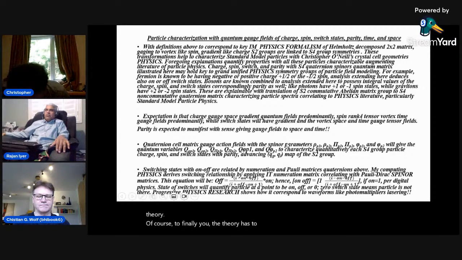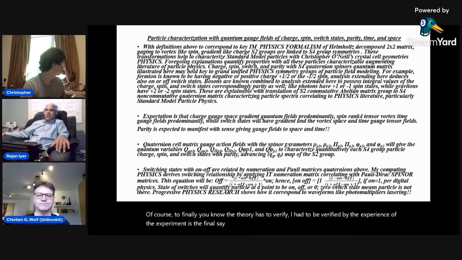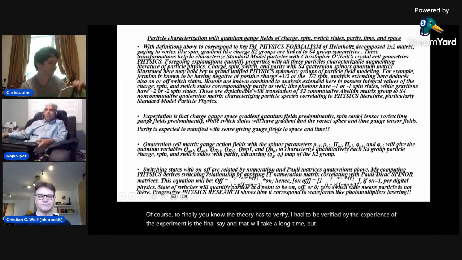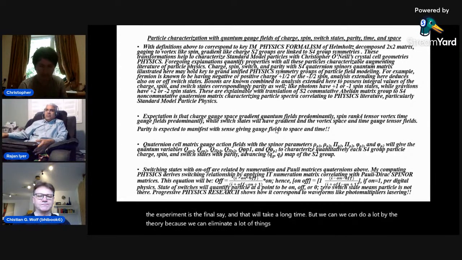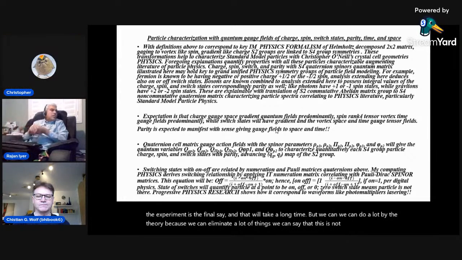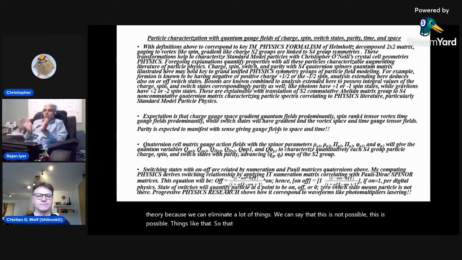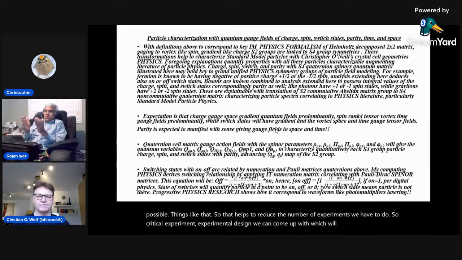The experiment is the final say, and that will take a long time. But we can do a lot by theory because we can eliminate a lot of things. We can say this is not possible, this is possible. That helps to reduce the number of experiments we have to do, so we can come up with critical experimental design, which reduces the amount of money needed.